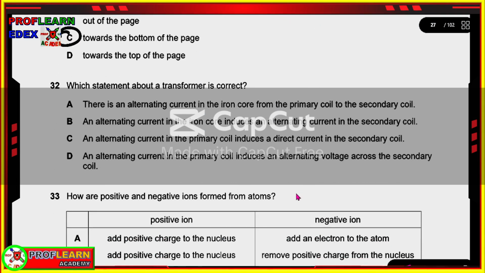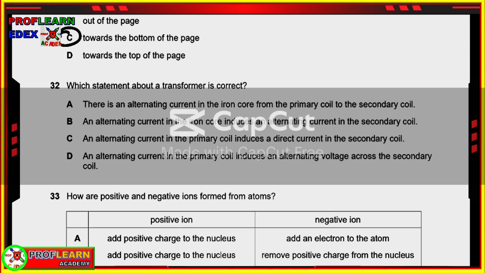Which statement about transformers is correct? We know a transformer is a device that can increase voltage or decrease voltage depending on what it's designed for. Let's see, there is an alternating current in the iron core from the primary.